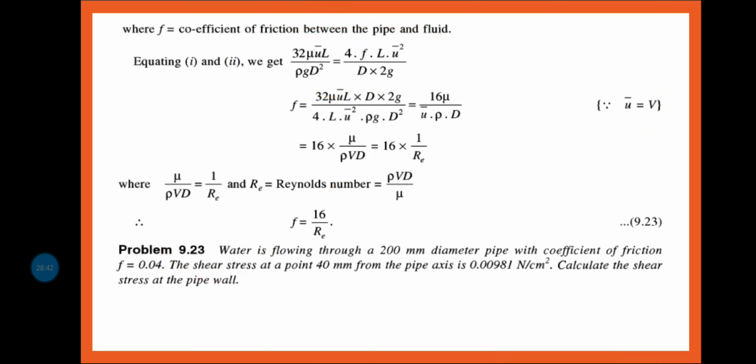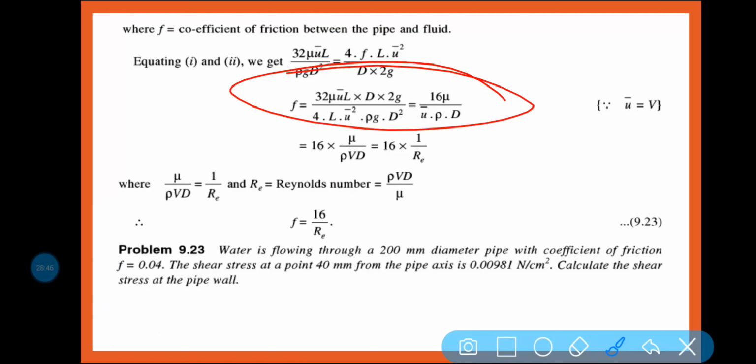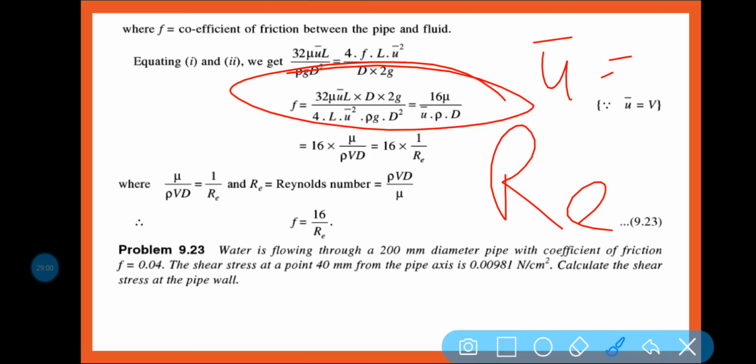Okay, so after simplifying, you will be getting f is equal to 16 mu by u bar, that is your average velocity, into rho into d. Okay, and u bar is equal to v, here it is taken.